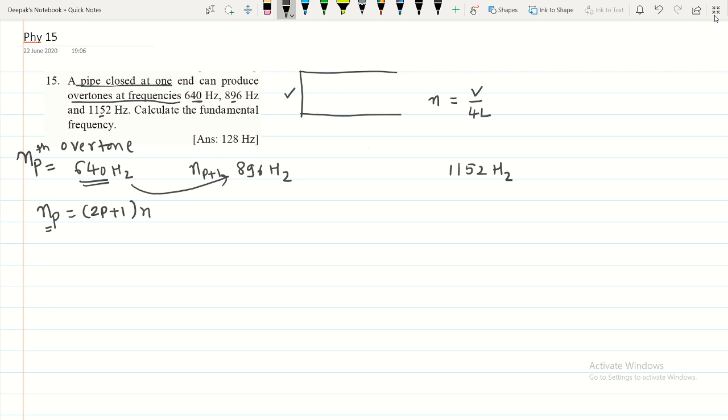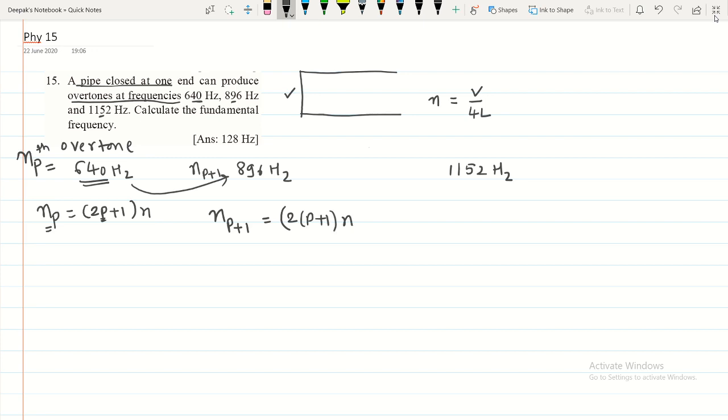If this is the pth overtone, this is the (p + 1)th overtone, so that frequency n(p+1) will be equal to (p + 1) into n.